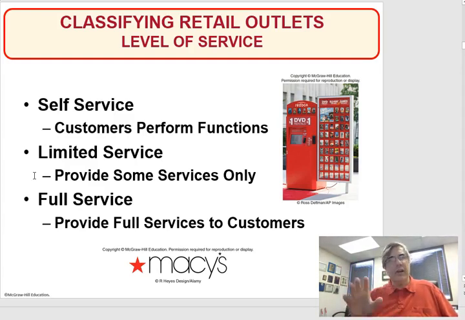They'll take you through. I can remember buying Brooks Brothers suits at the Brooks Brothers on Michigan Avenue in Chicago, and you're in there, man. They're on top of you. They're fitting you, and it's a whole process. So that's what we consider the full service.